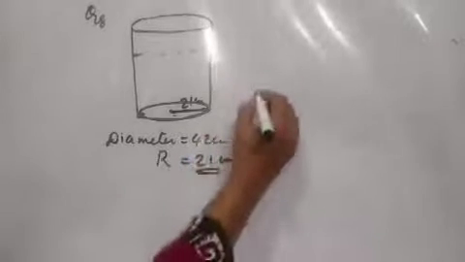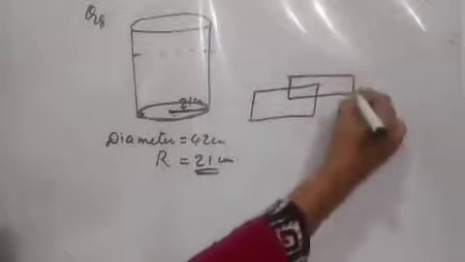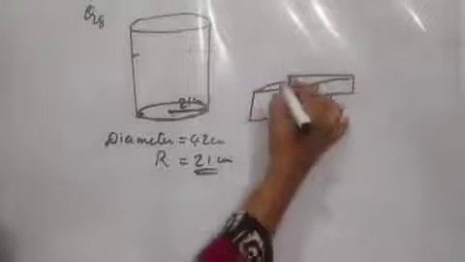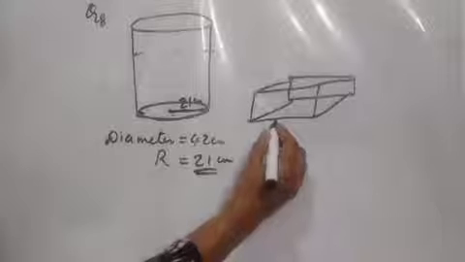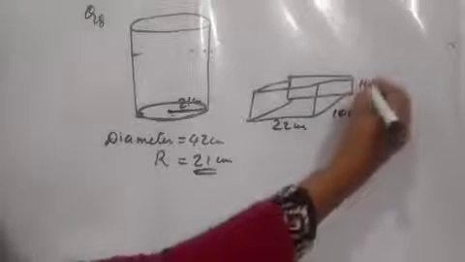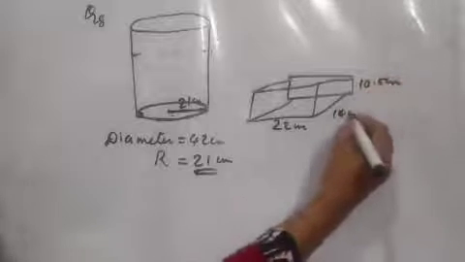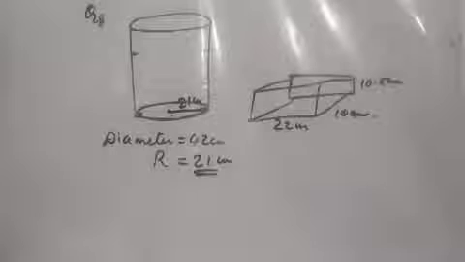When we submerge a rectangular block into it, clearly the water level rises up. You have to find the rise in water level. So let us mark the dimensions of the rectangular block: length 22, breadth 14, and height 10.5 centimeter.